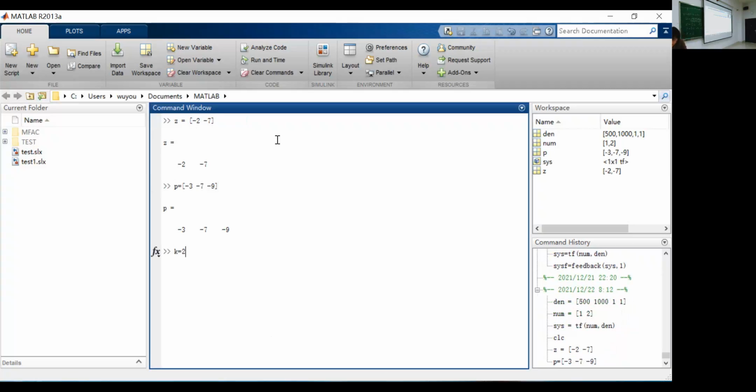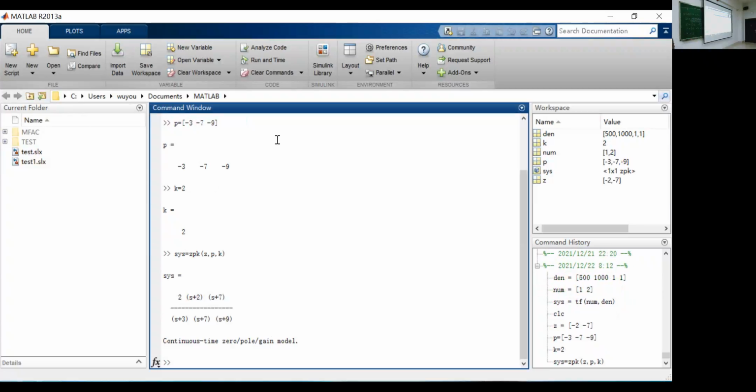And then we name a gain here, and we want the transfer function in this form. The same, right? Totally the same. So we can deal with two forms of transfer function. One is in the form of nth order polynomials, and another is in the form that consists of zeros, poles, and gain.